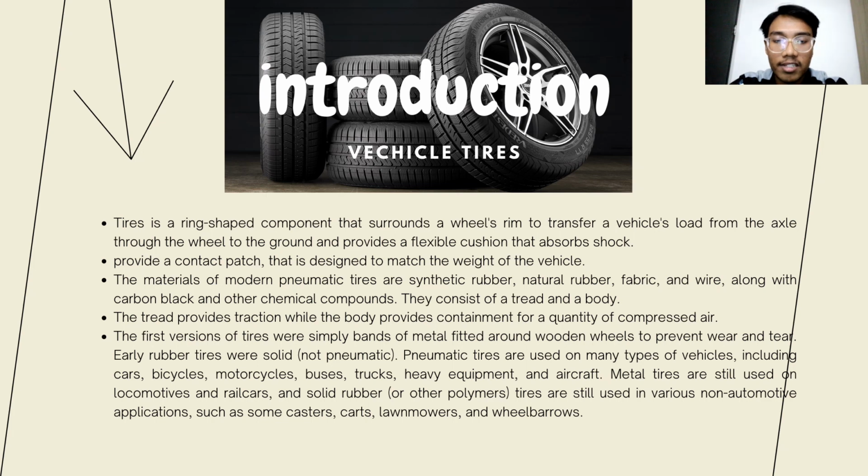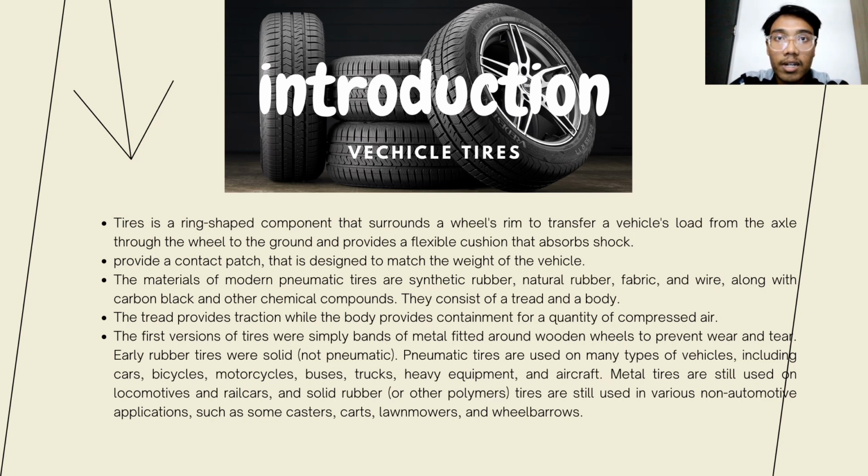What is a vehicle tire? As we look deeper, a tire is a ring-shaped component that surrounds a wheel rim to transfer the vehicle load from the axle through the wheel to the ground, and provides a flexible cushion that absorbs shock.